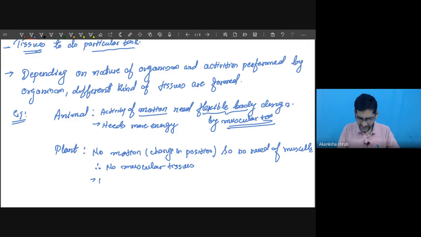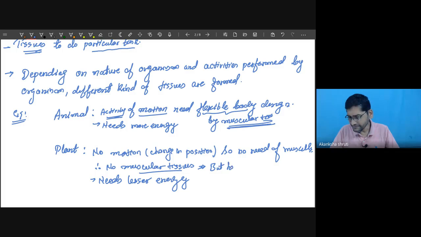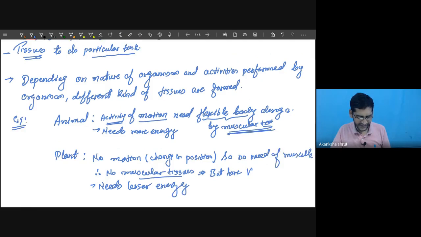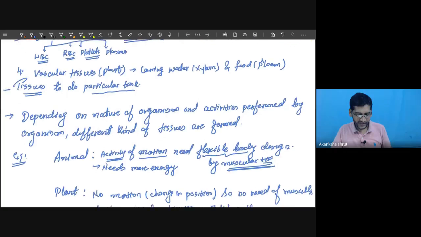This plant has no locomotion or movement, so it needs less energy. So depending on the activities, different kinds of tissues are present in different organisms. In plants, no muscular tissues, but they have vascular tissues. Vascular tissues are for carrying the water and food.